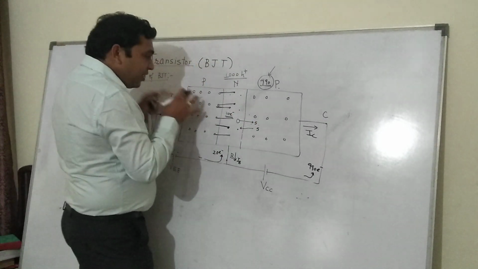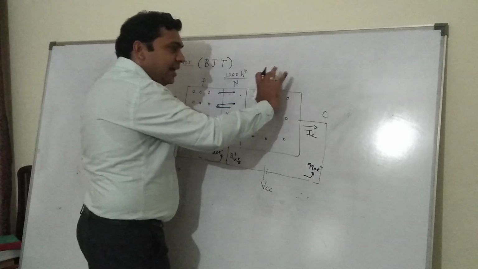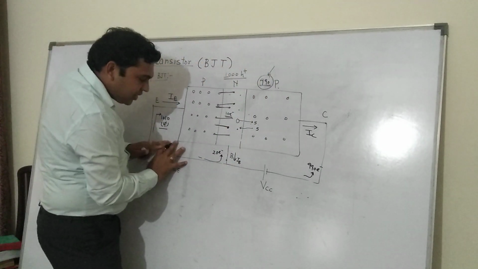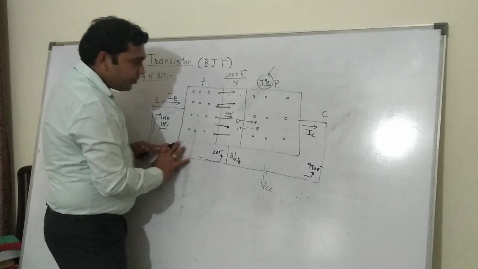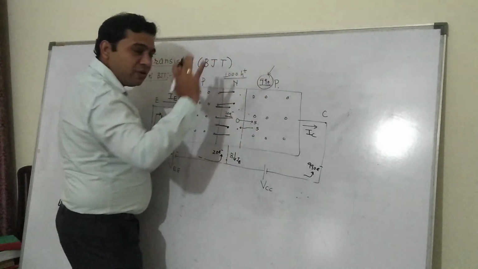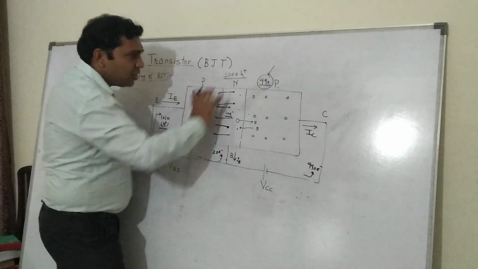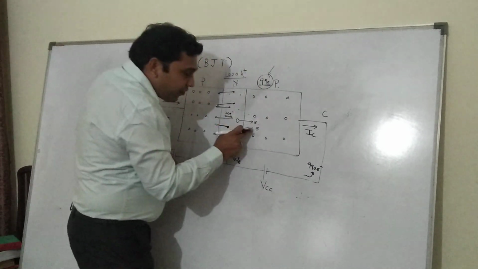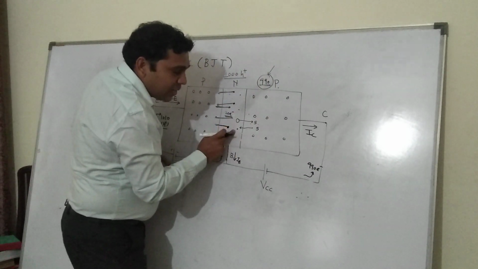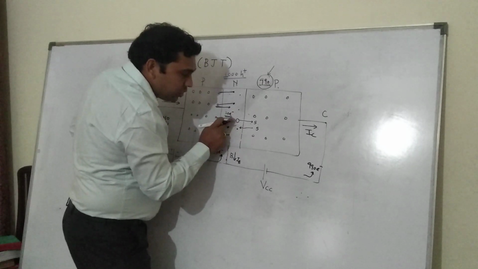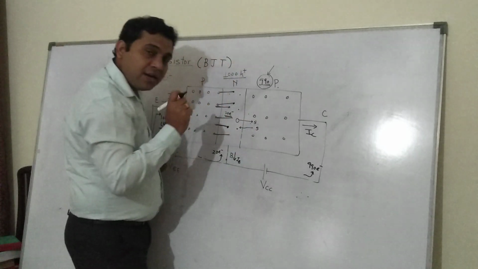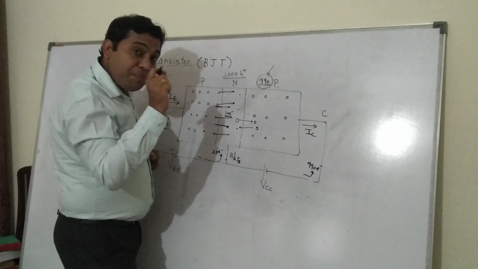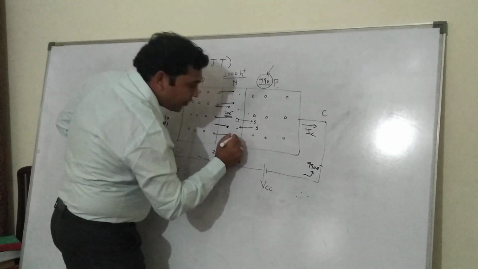So even if you do not have the 990, even if you do not have this battery here, you have holes flowing like this. Even then, these 5 electrons are coming from the collector to the base, and 5 holes from the base to the collector are moving. And because of that, the net current is always flowing in this direction.